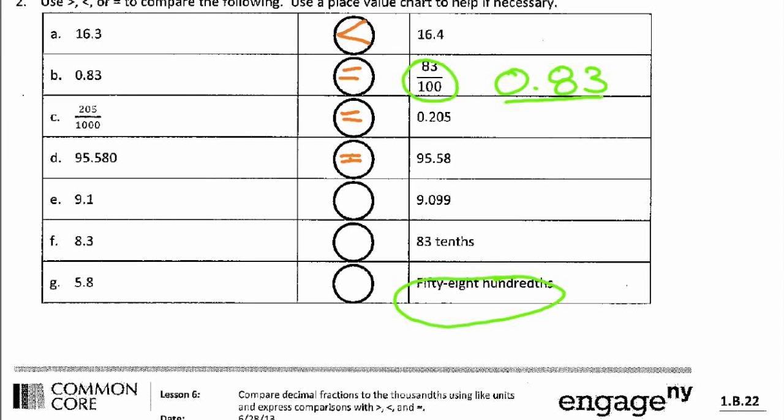Raise your hand if you can tell me what you put in the next place. 9 Okay, 9 and 1/10 is larger than 9 and 99 thousandths. Why is it larger? Why is 9 and 1/10 greater than 9 and 99 thousandths?